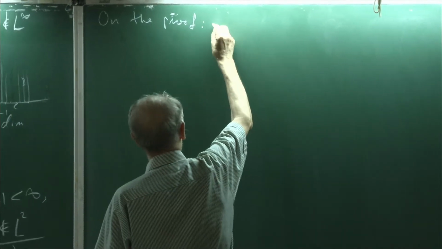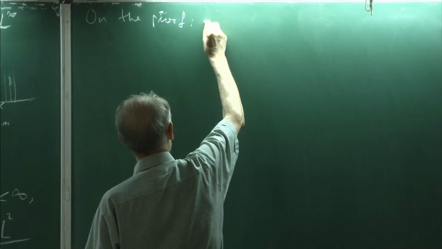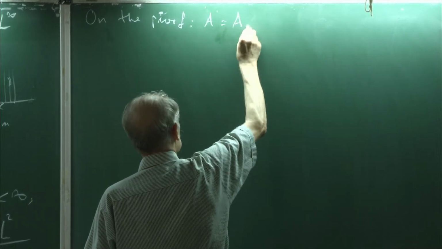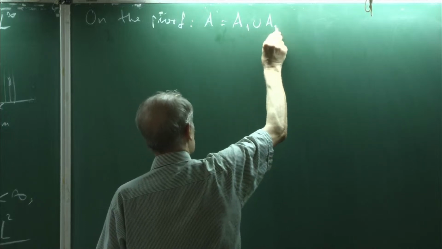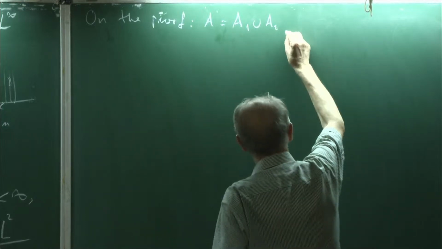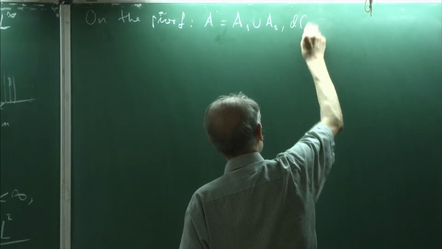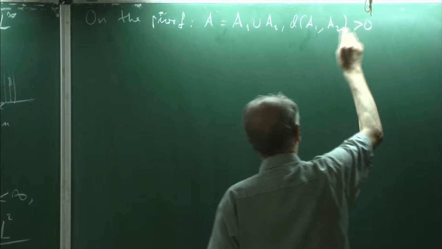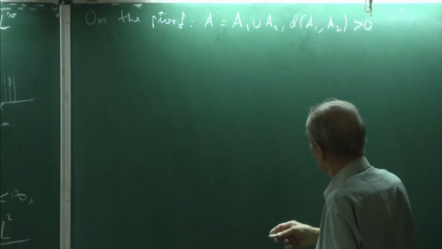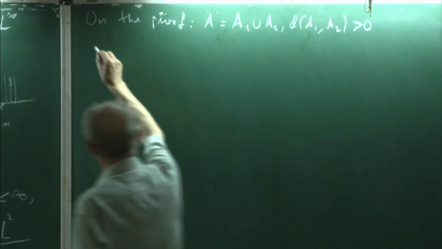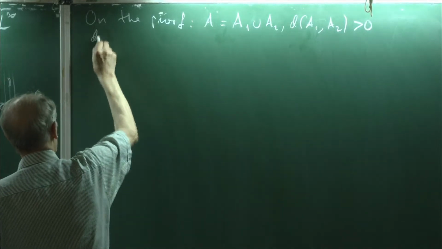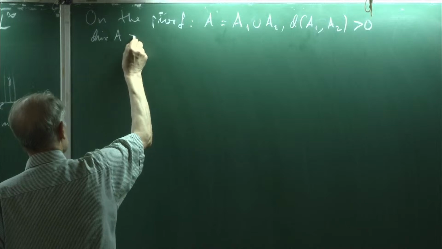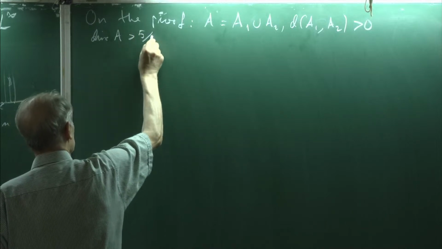First, we may assume that A is split into two parts, which are at a positive distance to each other, and both are S-dimensional. So I'm assuming that the dimension of A is bigger than 5/4.